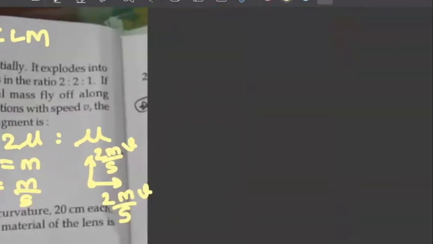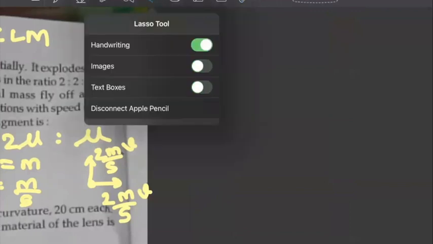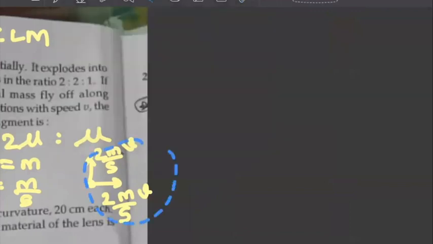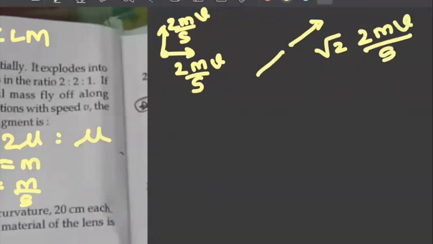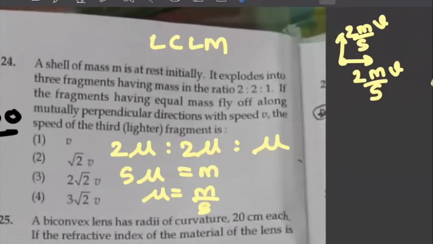So in this direction I have root 2 times 2mv by 5, and that should be equal to the third particle's momentum, because they should cancel each other, because the total has to be 0, because initially it was at rest.